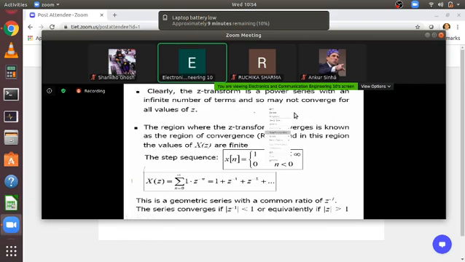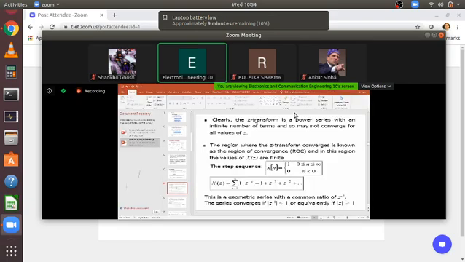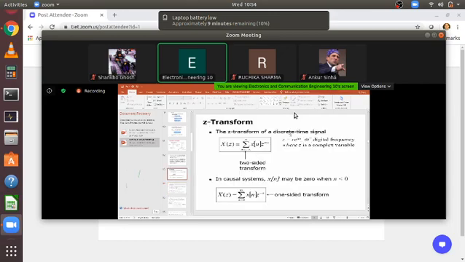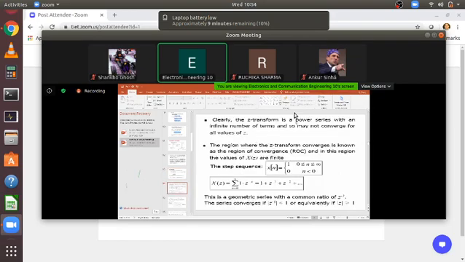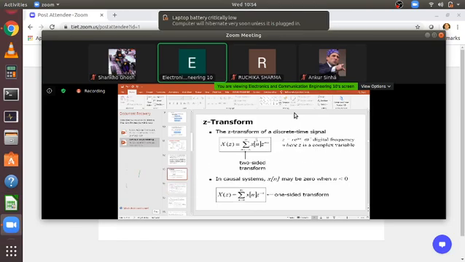Clearly, the Z transform is a power series, with z to the power minus n. It is a power series with an infinite number of terms, and so may not converge for all values of z. So it may or may not converge, depending on the situation, right?